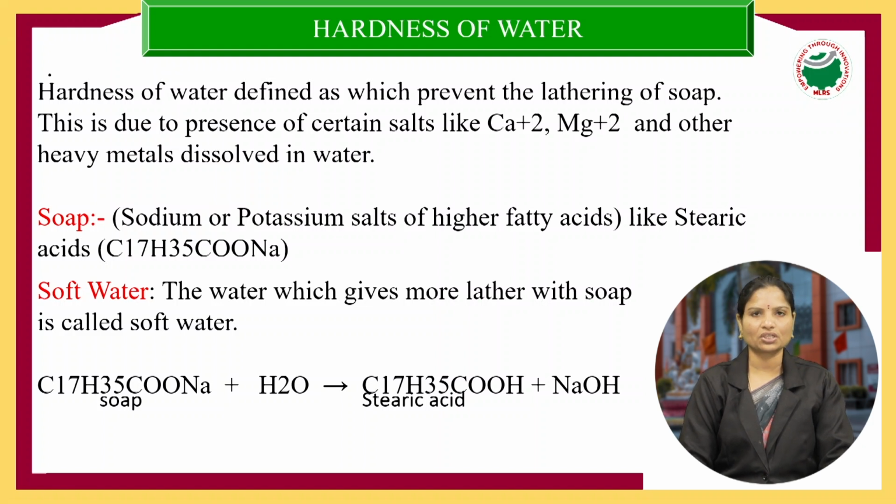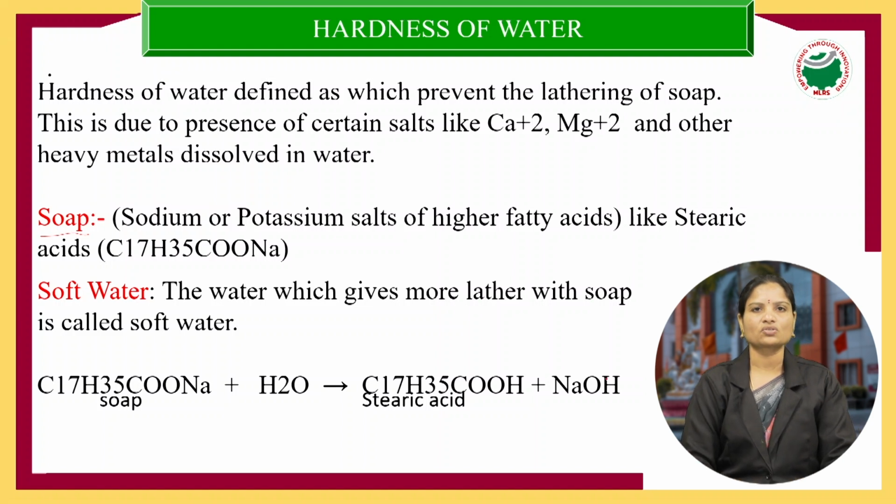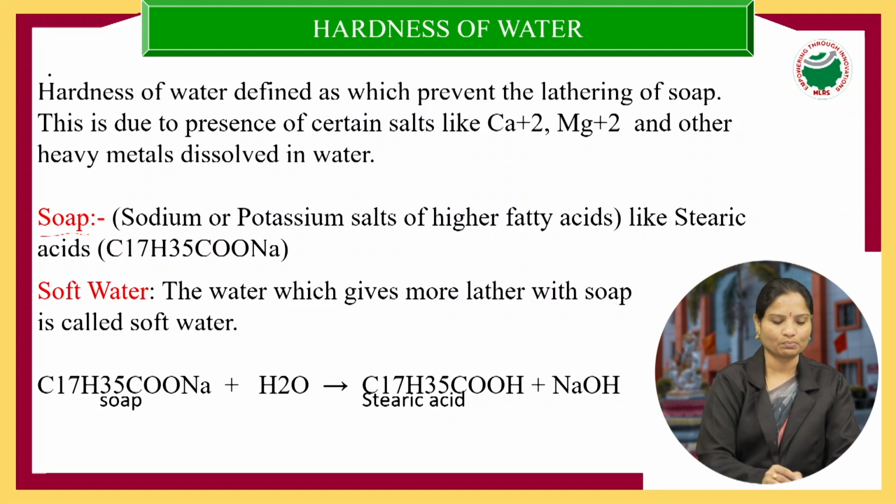The water which gives lather with soap solution is called soft water. The water which does not give lather with soap solution is called hard water. So what is soap? Soap means sodium or potassium salts of stearic acid or palmitic acid. So what is the formula of soap?